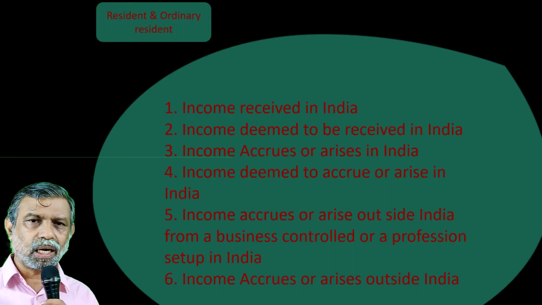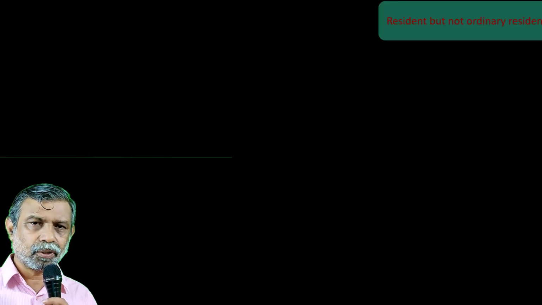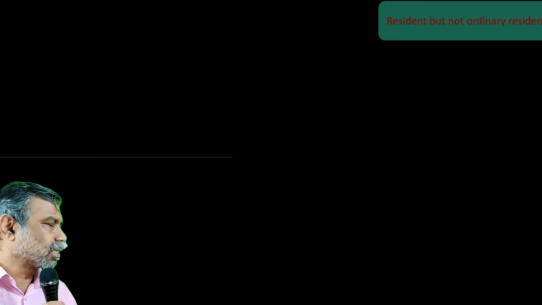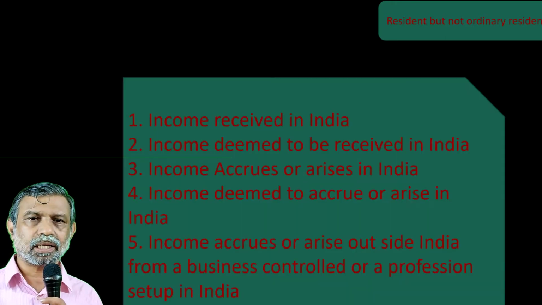In short, the world income is taxable in the hands of a resident and ordinary resident. Hope you got it. Now we go to the second one, that is resident but not ordinarily resident.